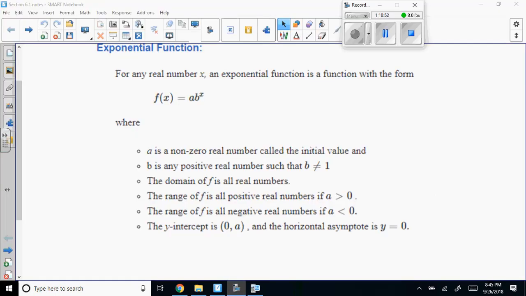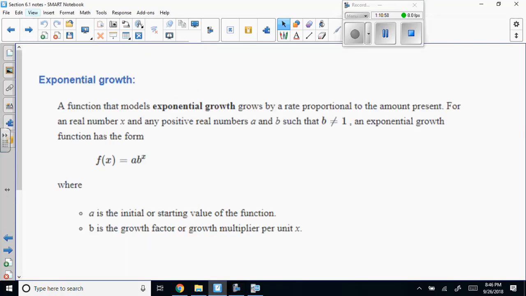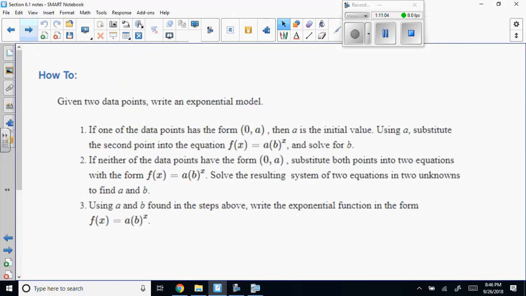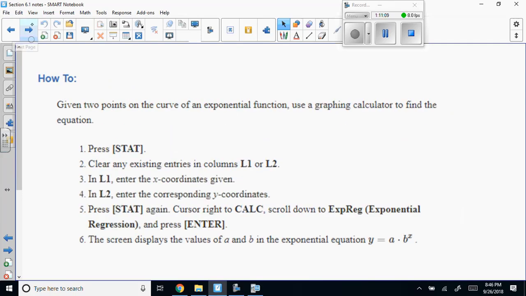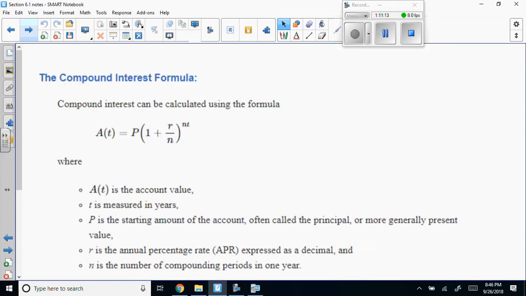Y'all ready? I know y'all just about done anyway. So we got to understand some things. We looked at some graphs, right? We looked at growths and all that other stuff. Don't worry about that, I'll teach you that. But we'll do compound interest. This compound interest thing is pretty cool.